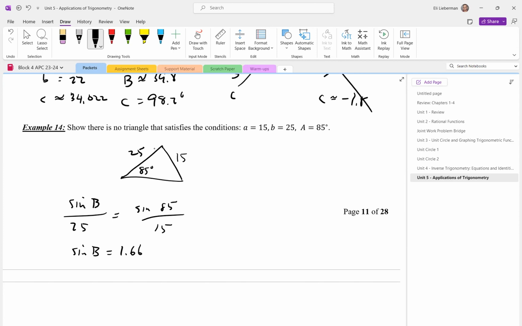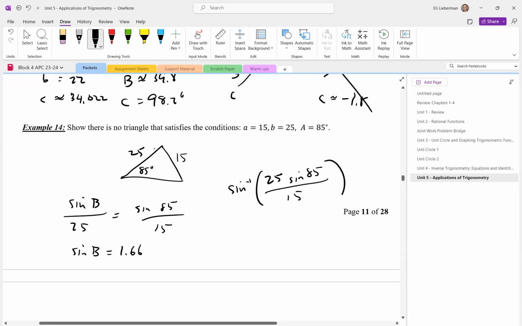Sophia? So you did this, right? That's fine. And then the calculator came up with an error, I imagine. Okay, yeah, it calculated the inside, but it's bigger than 1, not allowed.